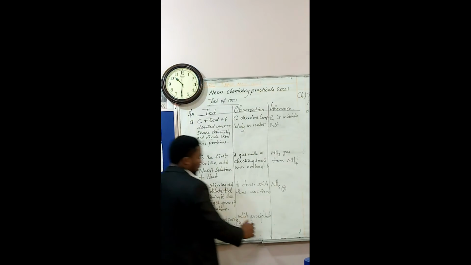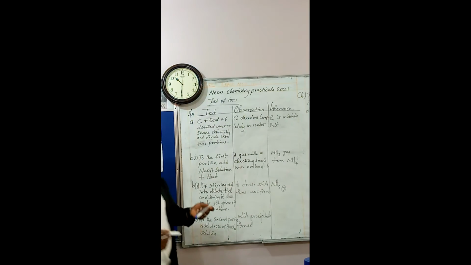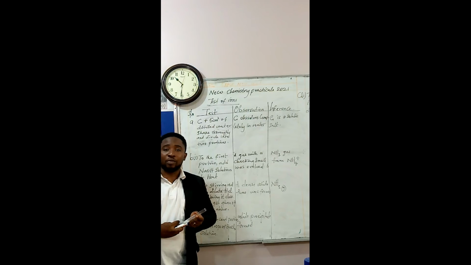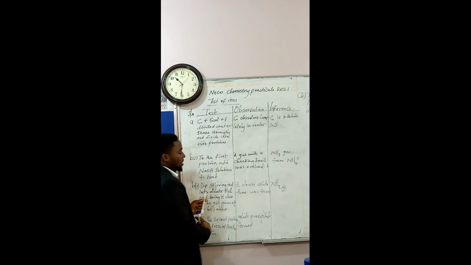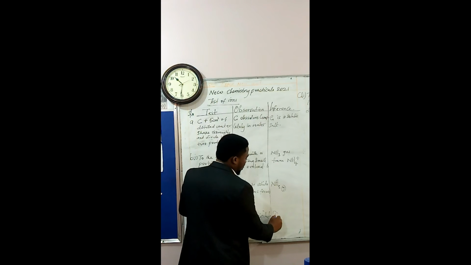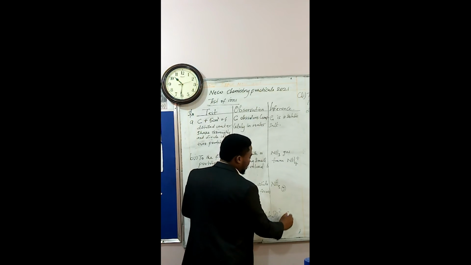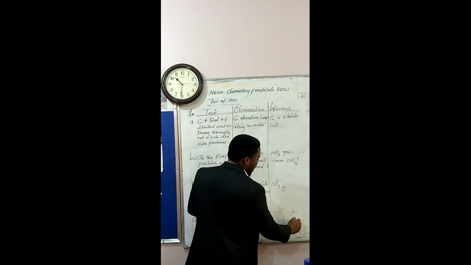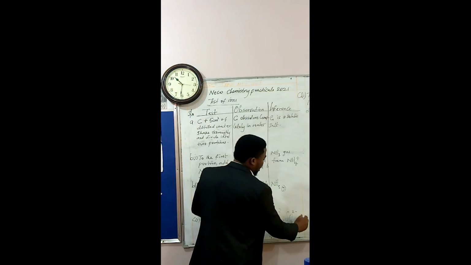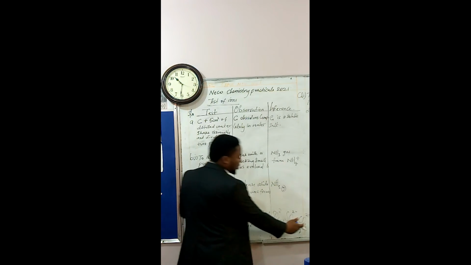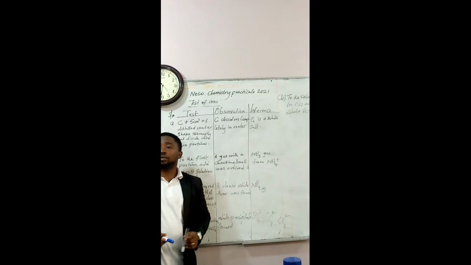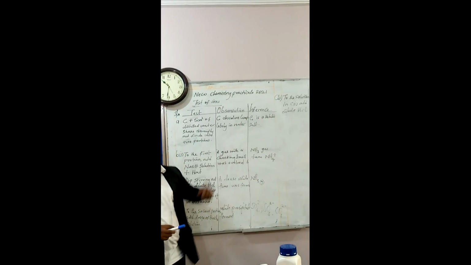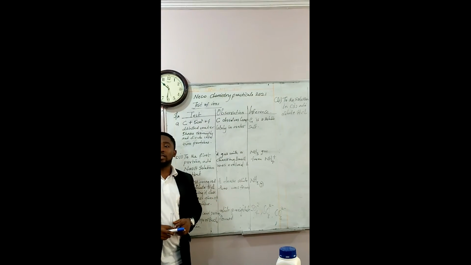Now whenever you get a white precipitate on addition of barium chloride, there are 3 possible ions that could be suspected in solution. One is sulfate ion. The second one is sulfite ion. And the third one is carbonate ion. Now to distinguish these 3 ions in solution, we need to go to the next test, which tells us to add dilute hydrochloric acid.